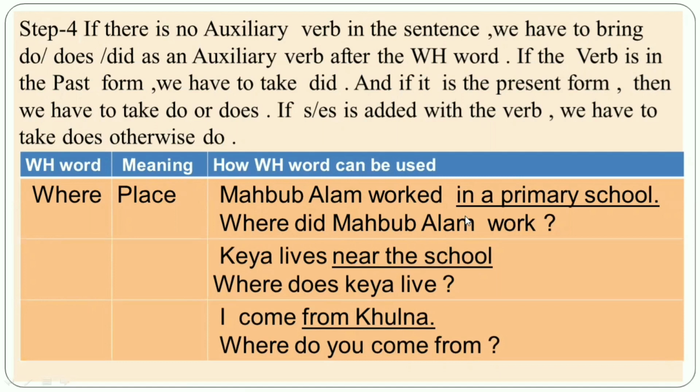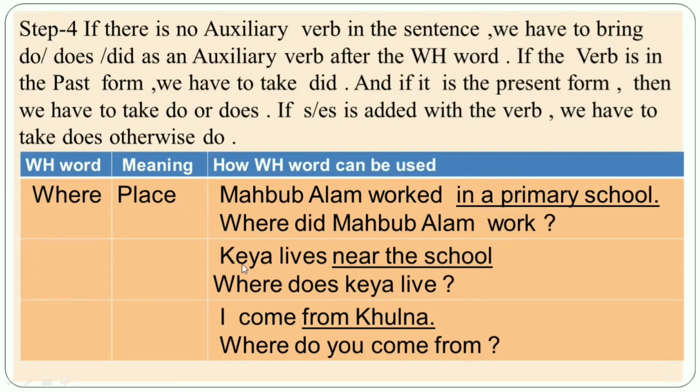So my dear student, here the principal verb is in the past form. So you have to take the auxiliary verb did. So did, then the subject Mahbub Alam, then the present form of worked, that means the main verb work, then question mark. So where did Mahbub Alam work?